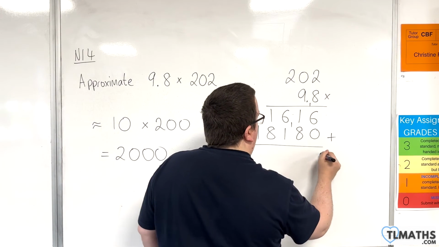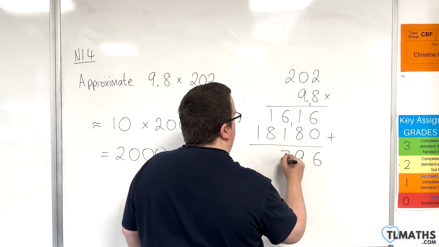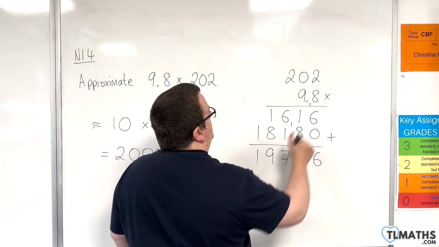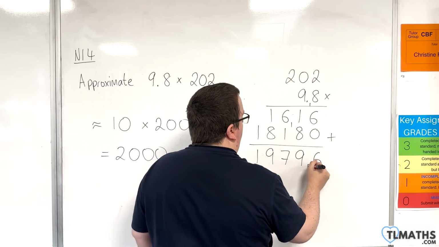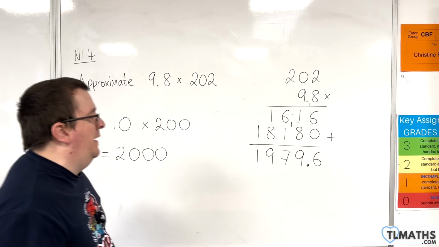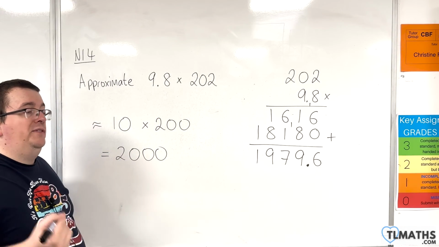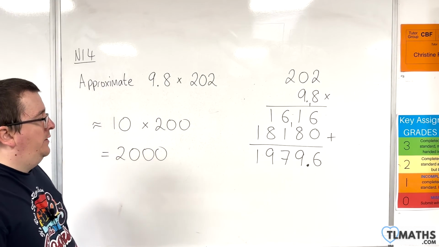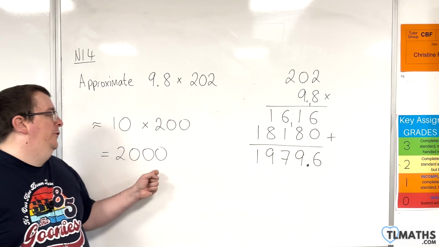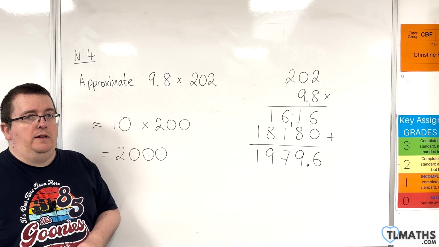Add those together, 6, 9, 7, 9, 1. And we've got one number to the right of the decimal point, so we're looking at 1,979.6, which, as you can see, is pretty close to the 2,000 that we got there.